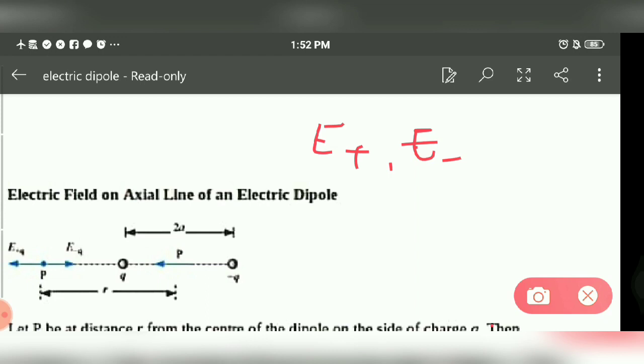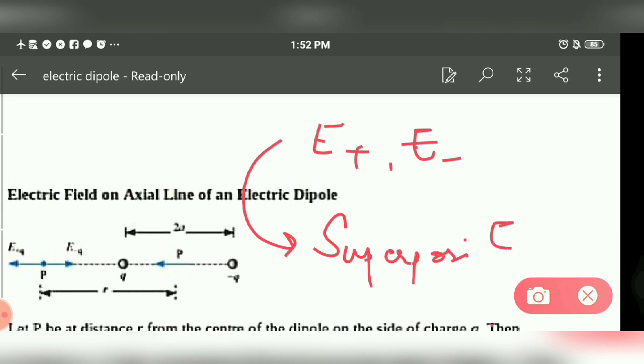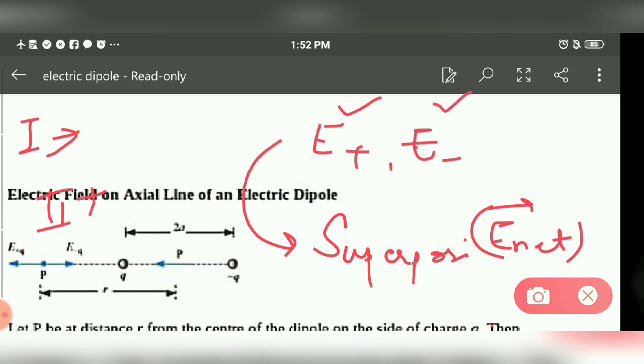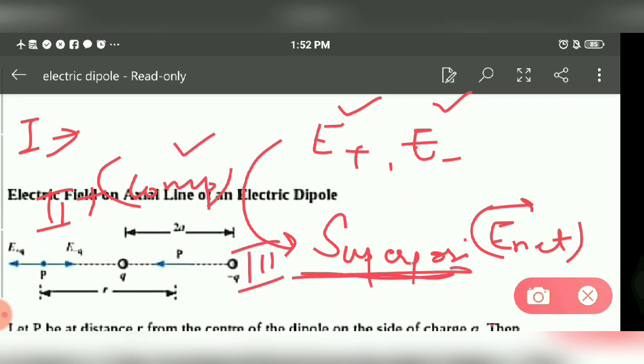If no components are there, you directly jump to step 3, that is, you apply the superposition principle to find the net electric field at a given point. So the first point is to find E positive, E negative. The second point is to find the components if they exist. This is conditional. And the third point is to apply the superposition principle to find the net electric field.